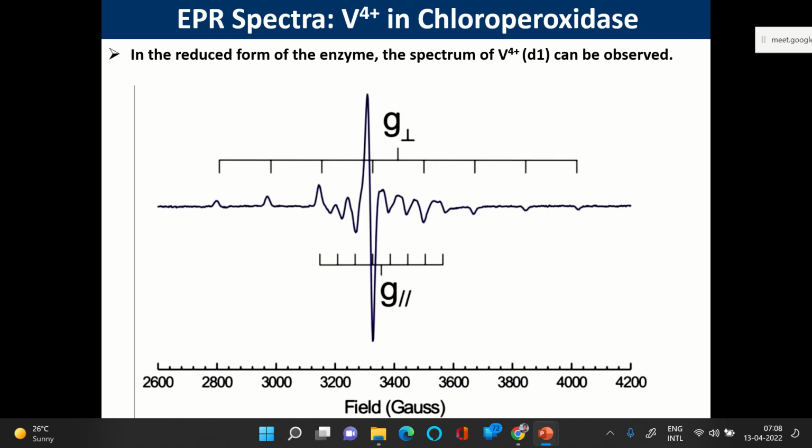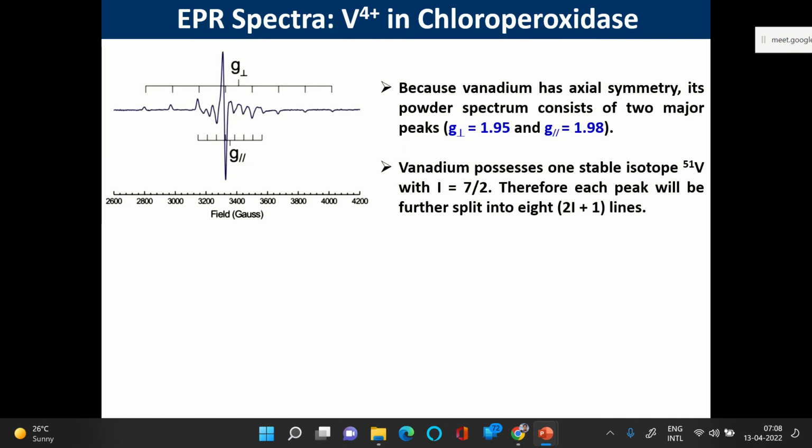So they appear as a congested section in an EPR spectrum. You see it is a congested part of the EPR spectrum where you can see here 1, 2, 3, 4, 5, 6, 7, 8. So I is equal to 7 by 2, the interaction giving you this kind of thing.